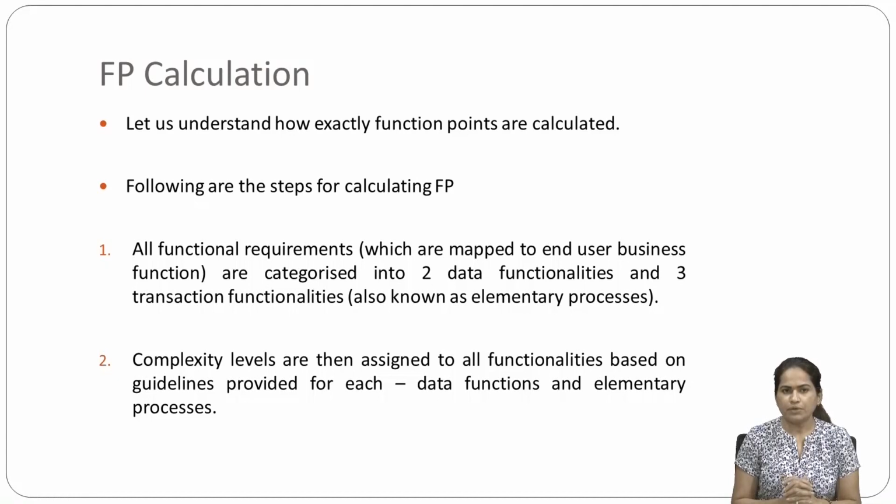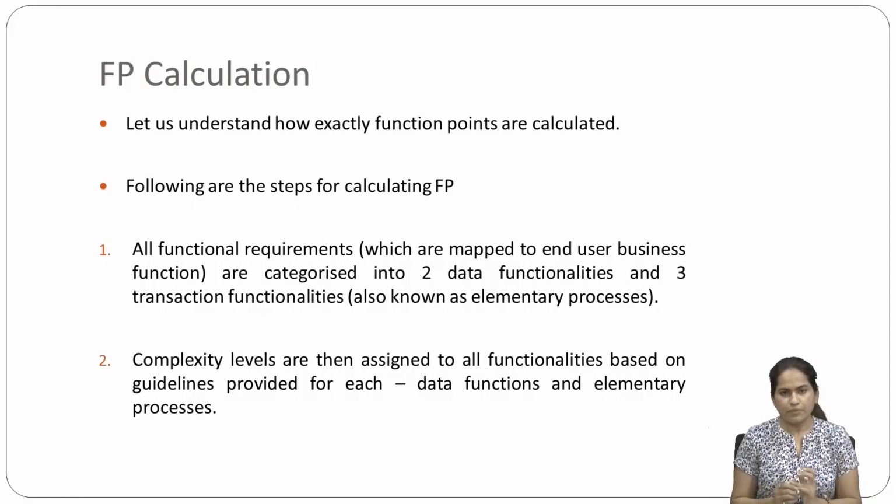Now when we are talking about these function points, at that time first we need to understand what is function point, which we have already discussed, and now we will understand how exactly function points are calculated. Some steps are given to you for calculating FP.